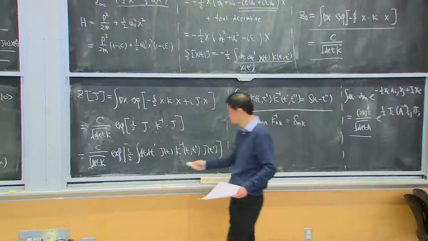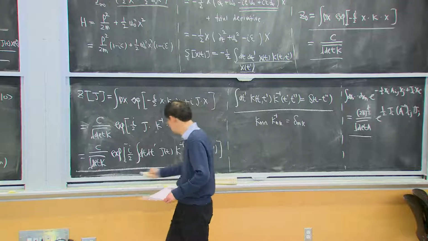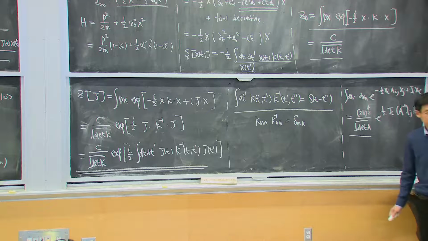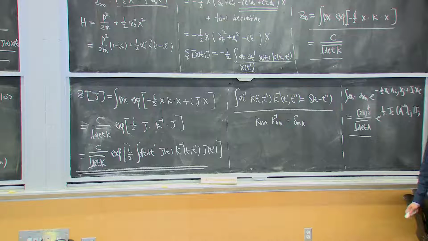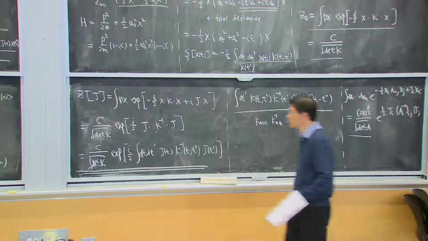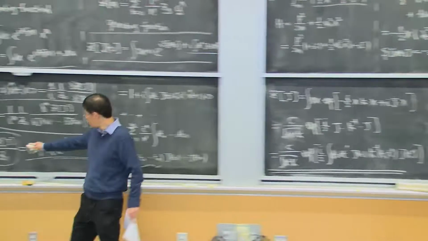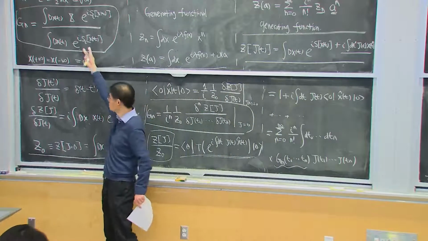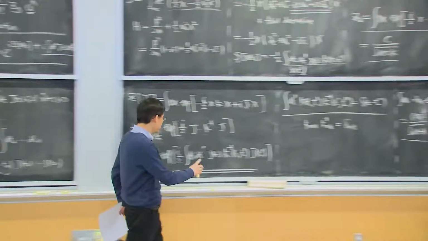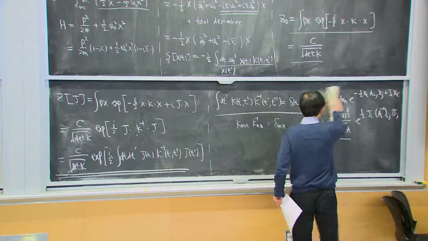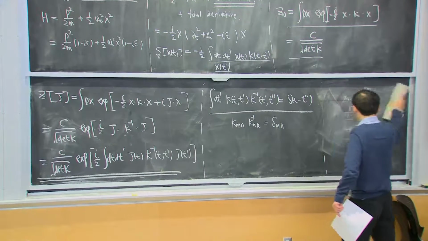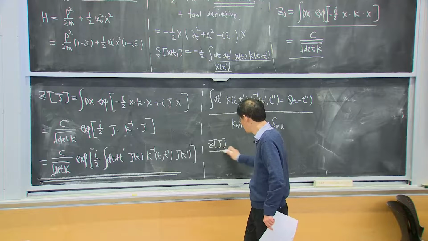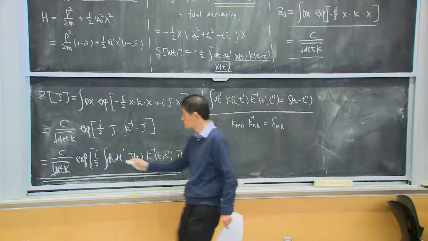And so this is the result for Z[J]. Now the physical object is Z[J] divided by Z_0, because to get the expectation value, we always need to divide by Z_0. If we take the ratio, we find all these factors cancel.